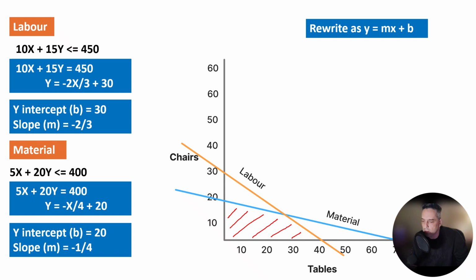And always the highest value is going to occur on one of the vertices of these lines. It could be at 0, 0 here. It could be at 0, 20, so 0 on the x axis and 20 on the y axis. It could occur right here, or it could occur right here. So it has to occur within this area and on one of the vertices.